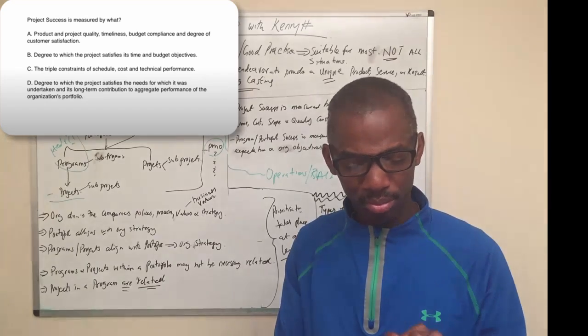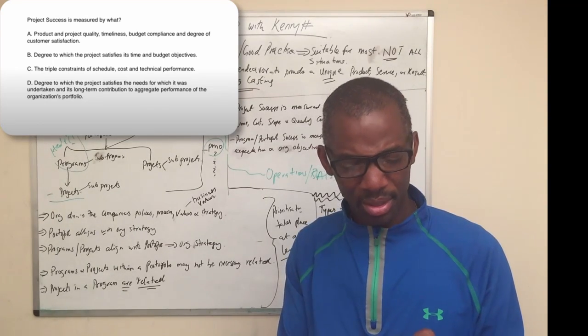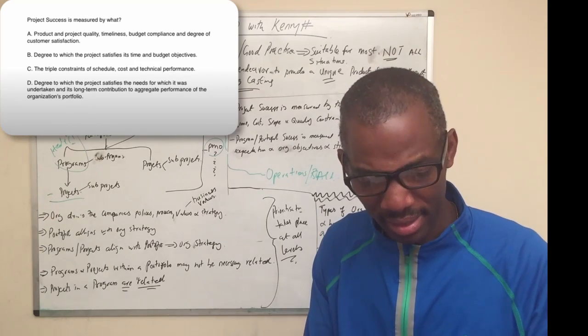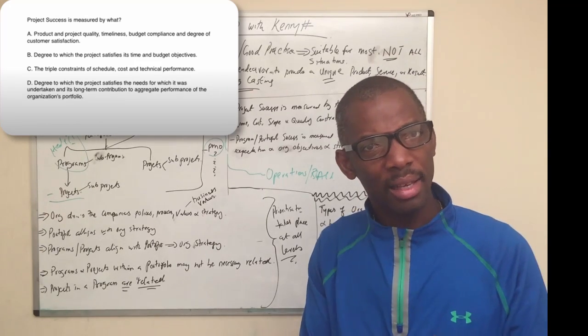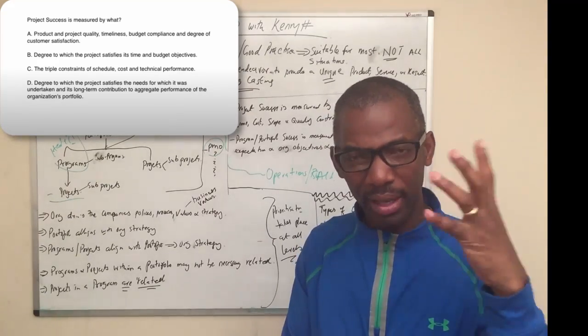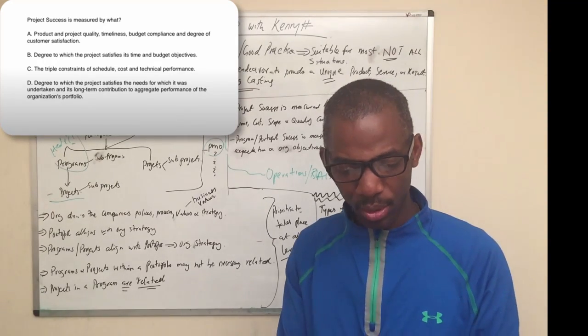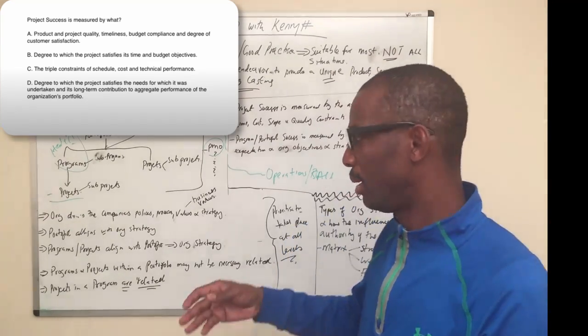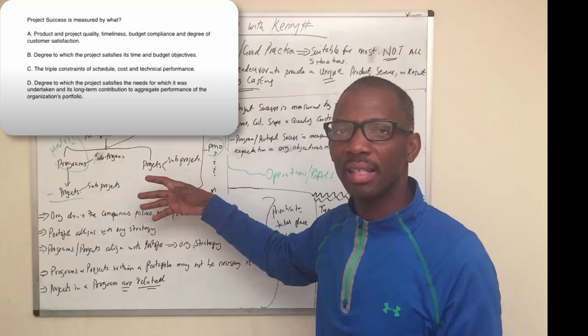And then that also goes down to D, to degree to which the project satisfies the needs for which it was undertaken. The way the brain works is to forget the degree and focus on the project satisfying the needs for which it was undertaken, because we talk about projects and objectives and things like that.